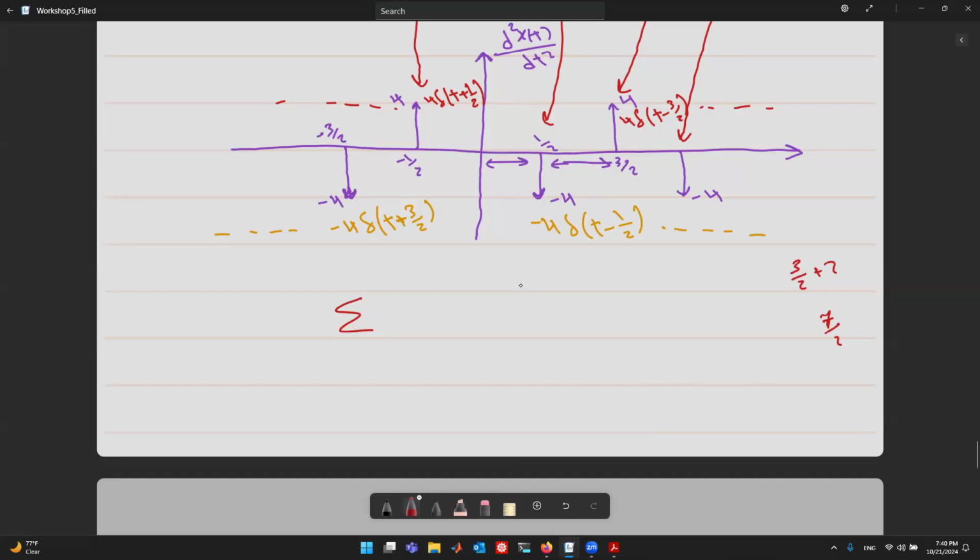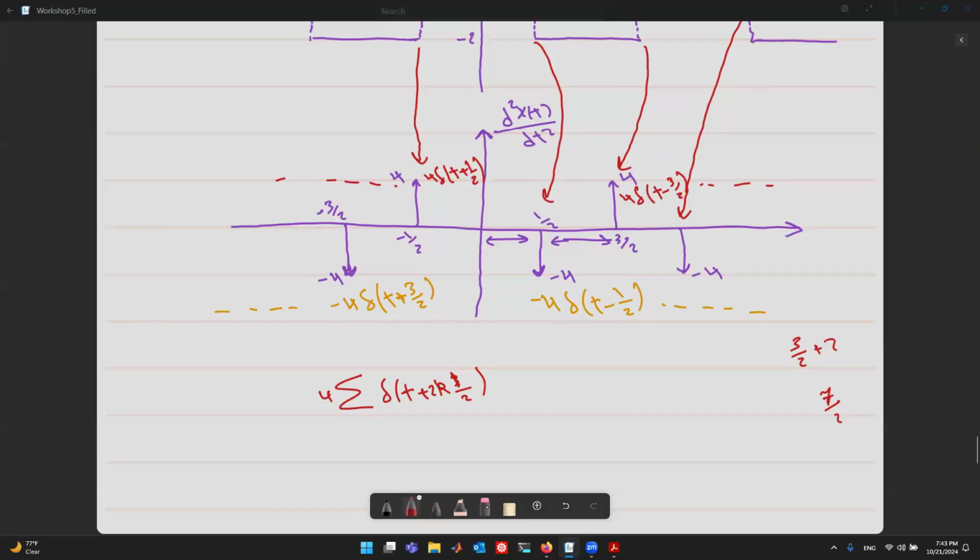Every time we're adding 4/2, or 2. The period is 2. So this can be written this way.